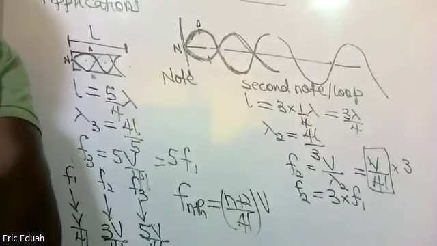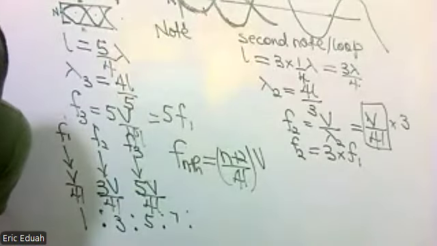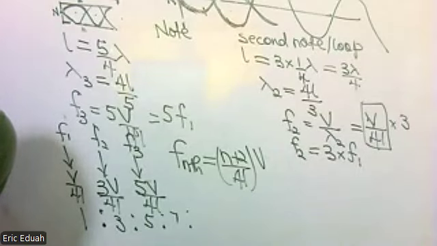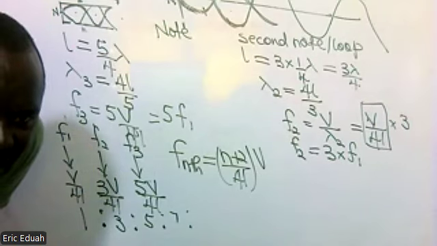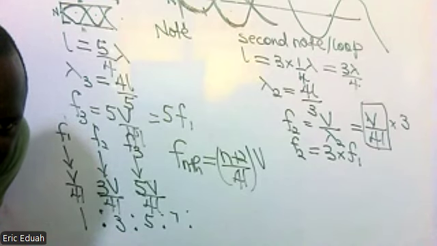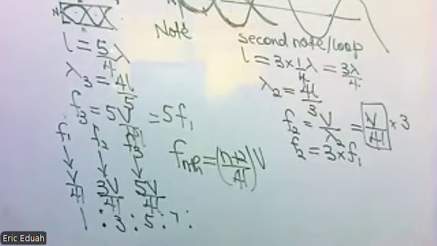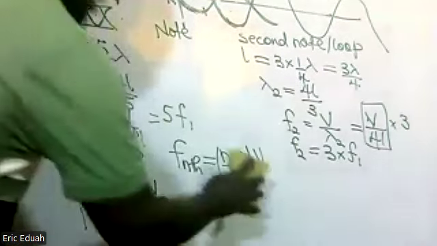Any other view? The nth harmonic. Annalyn is suggesting 2n minus 1. Okay, 2n minus 1 times V on 4L. Let's look at Annalyn's suggestion.